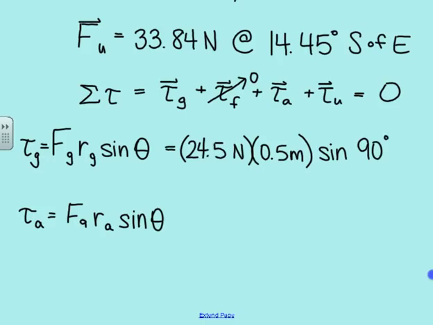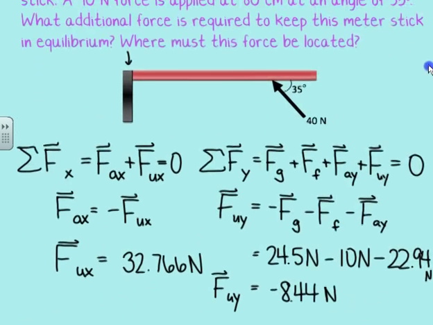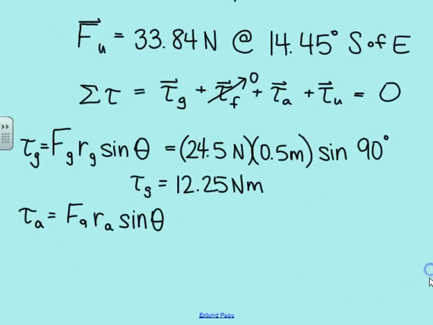So my angle is 90 degrees. Therefore, the torque caused by the force of gravity is equal to 12.25 Newton meters. Looking at my diagram up here, the force of gravity would be straight down, and it would cause a clockwise rotation.